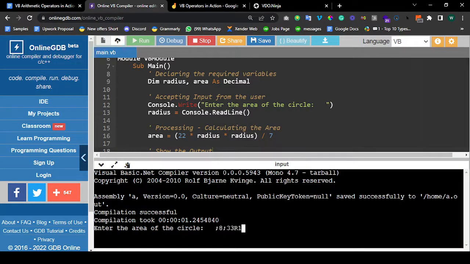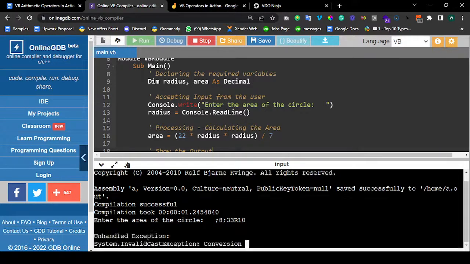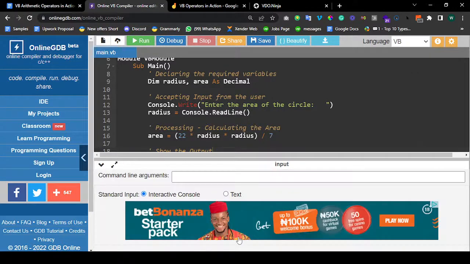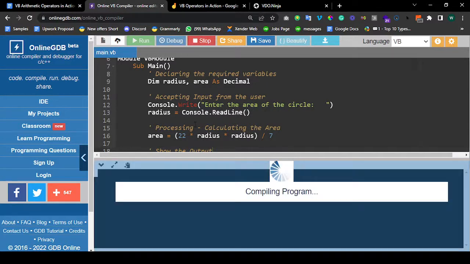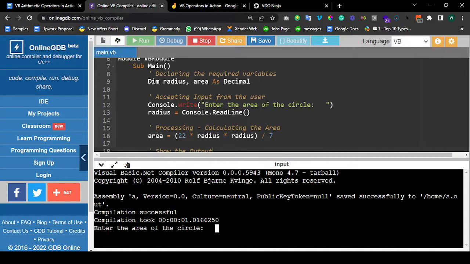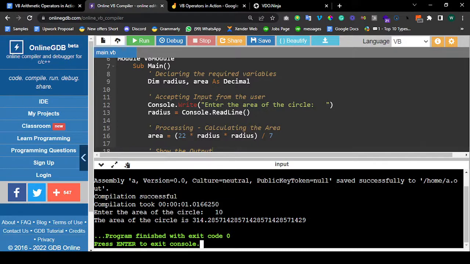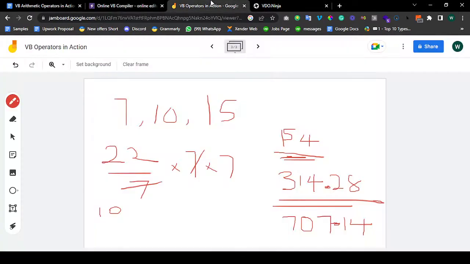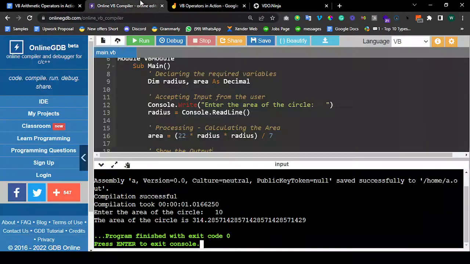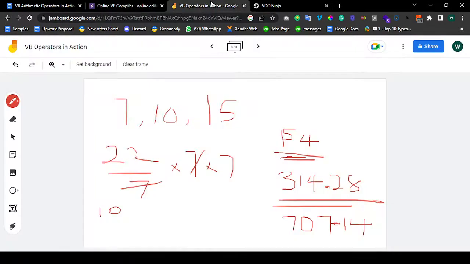So the area of the circle, I don't know why this thing is misbehaving this way. Then, okay, you can see 314.28, and so on. It should be 314.29, so please take note.